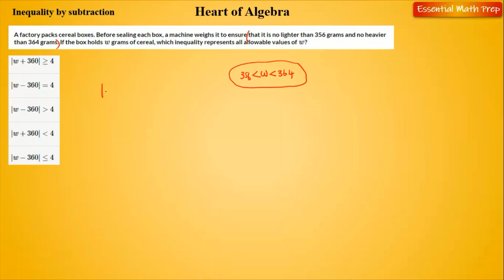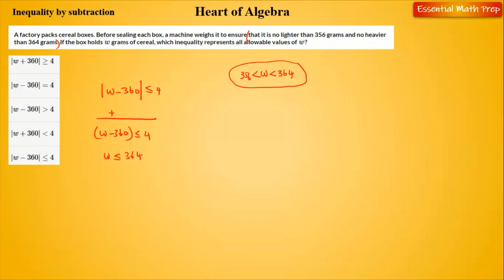Let's go ahead and pick choice E, absolute value of W minus 360 less than or equal to 4. It's an absolute value, so let's pick the positive component, less than or equal to 4. You can add 360 on both sides.